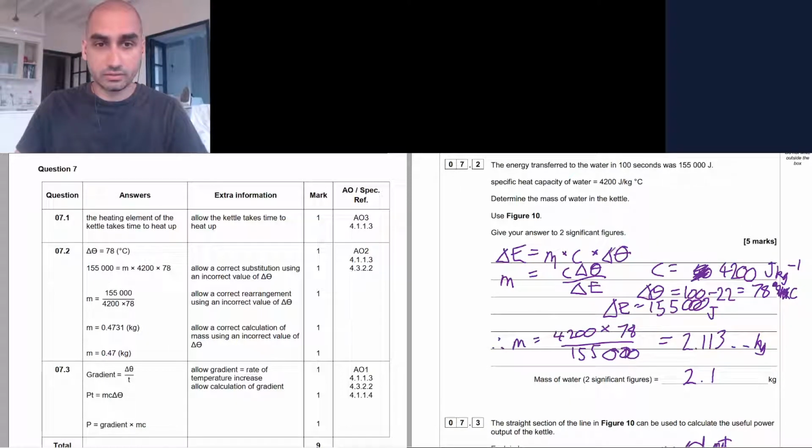What have I done wrong here? E equals mc times 78. Yes, so I did that. 78, so I got 2 marks so far.